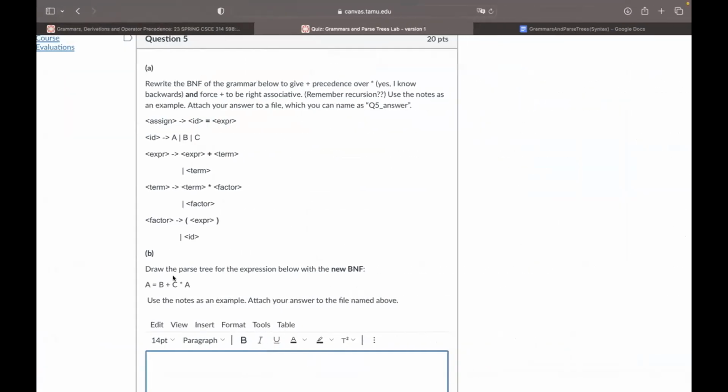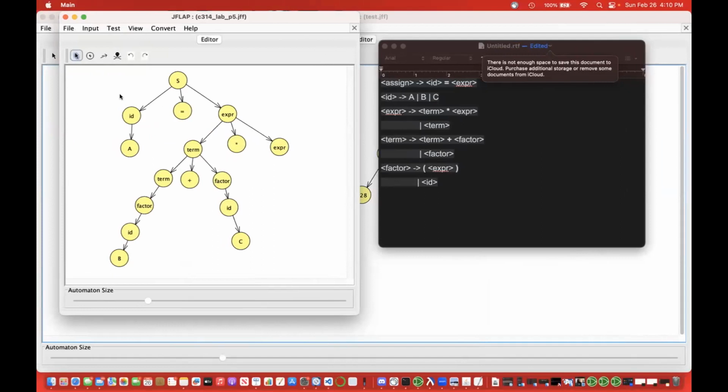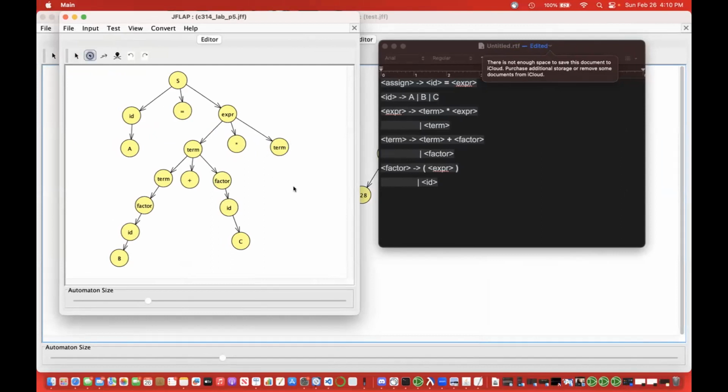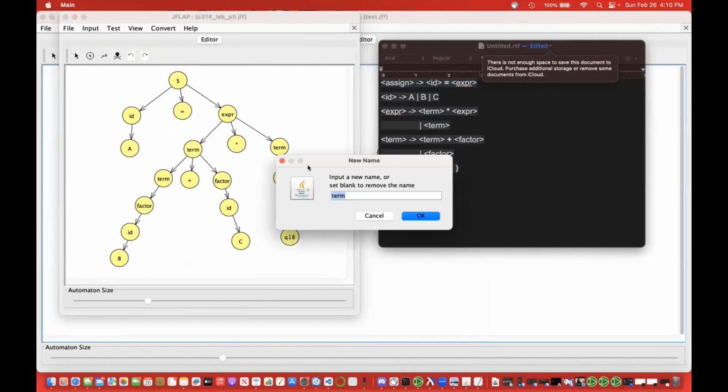Is it really? A times A. Let's see. Times A. Nice. Expression goes to term. Term goes to factor, goes to ID, goes to A. Cool. On the right side of expression, it points to expression. You just renamed it, but it should still be expression. Does that make sense? Oh, right, because you can't. Yeah, we talked about that.